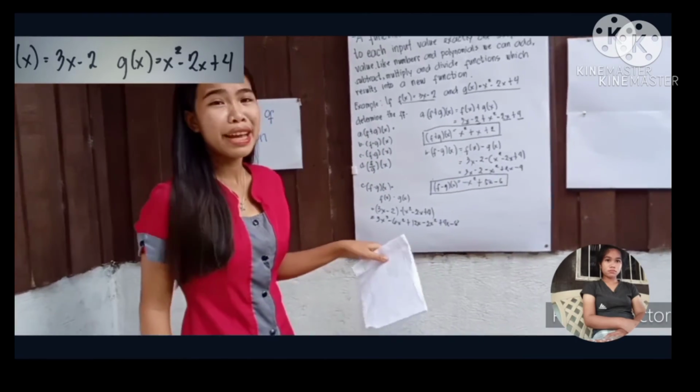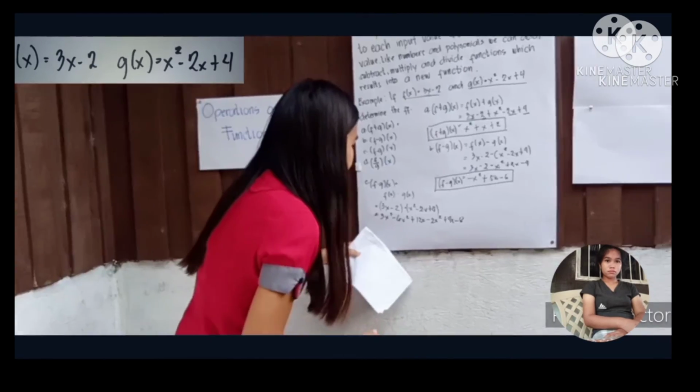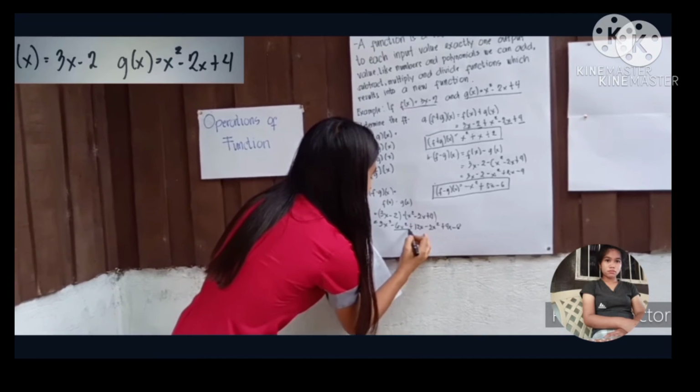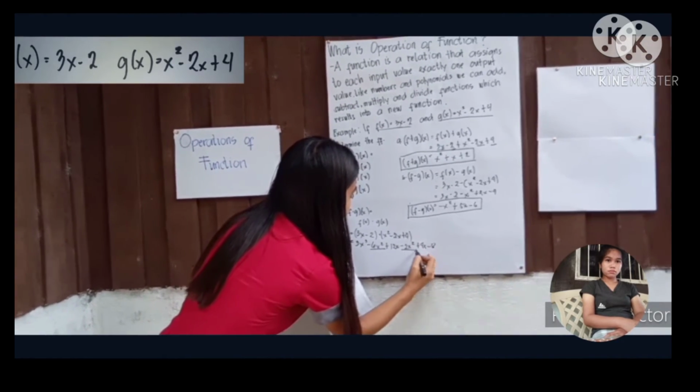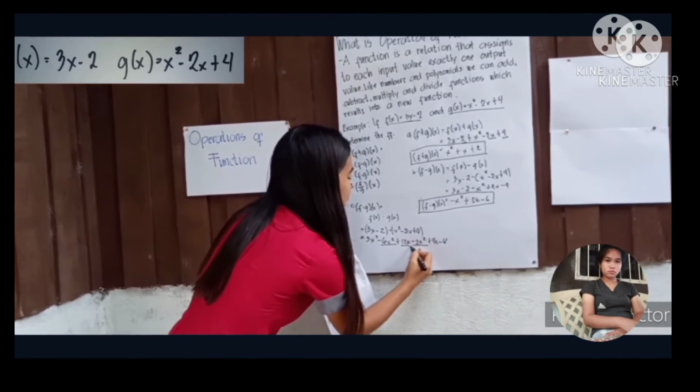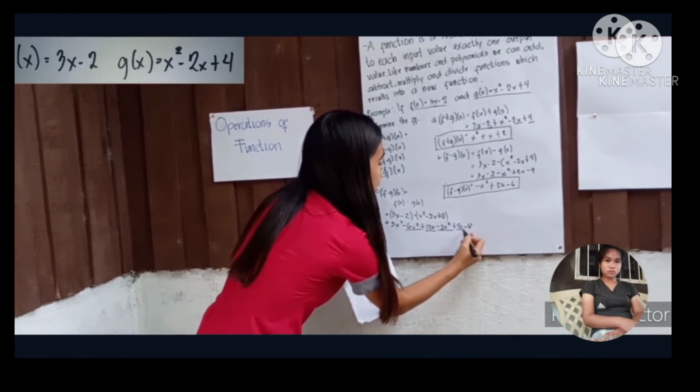So, we need to combine the like terms. We have here negative 6x squared, negative 2x squared, 12x, and positive 4x.